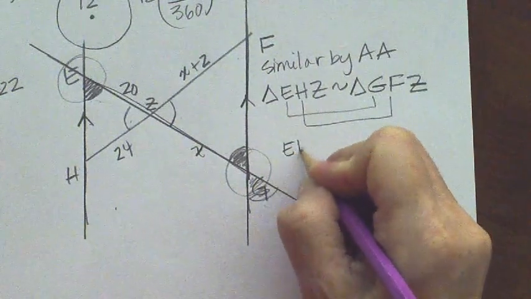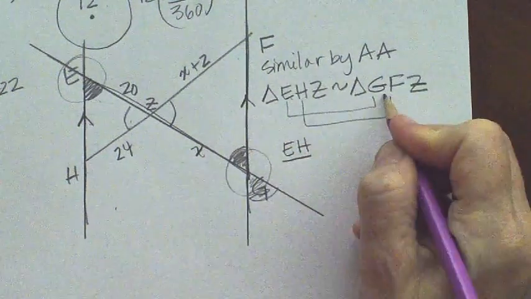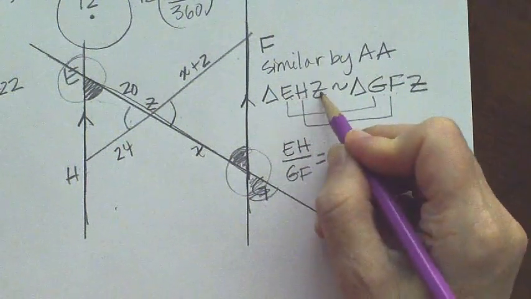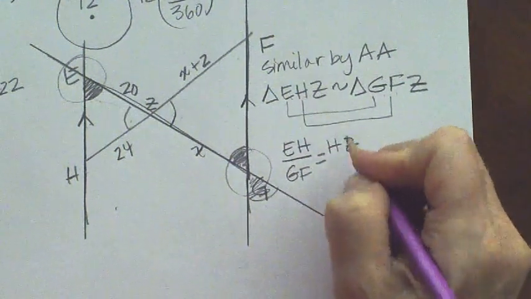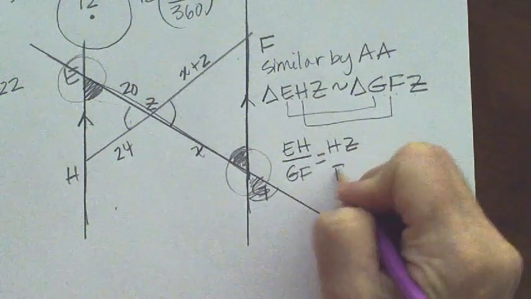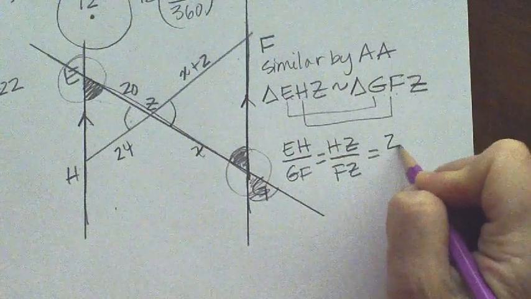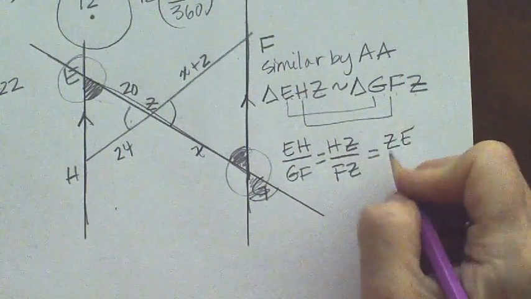So EH is to GF as HZ is to FZ as ZE is to ZG.